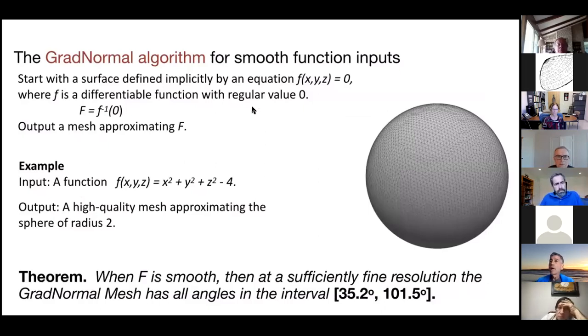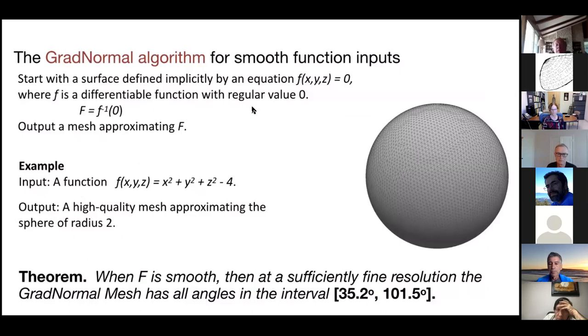There are two main ways that we get surfaces in applications. One is we might get the surface as the level set of a function. So the function, for example, x squared plus y squared plus z squared minus 4 has the sphere of radius 2 as the level set. And you can input that function into the algorithm and it will produce this triangulation at the right.